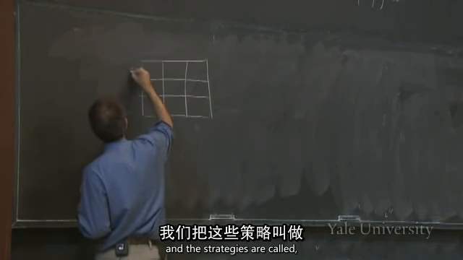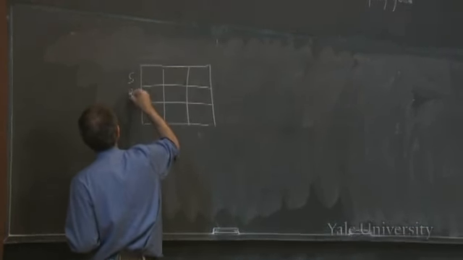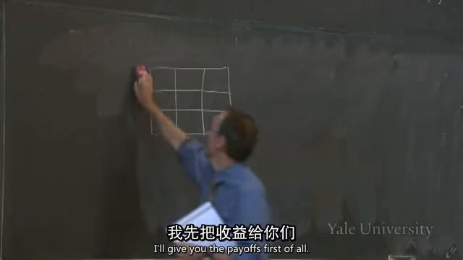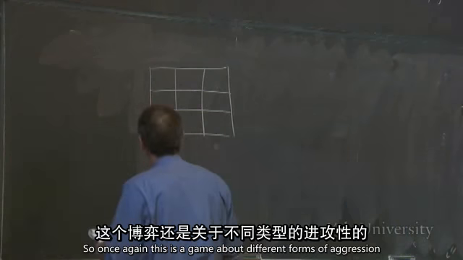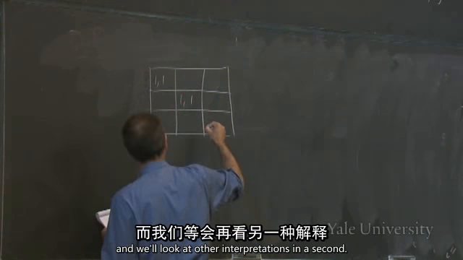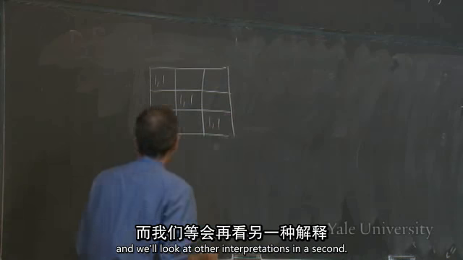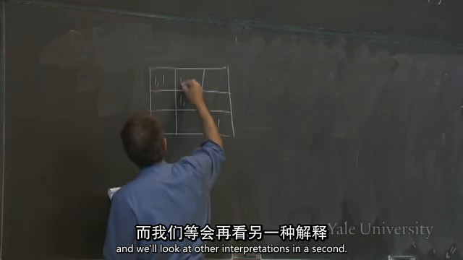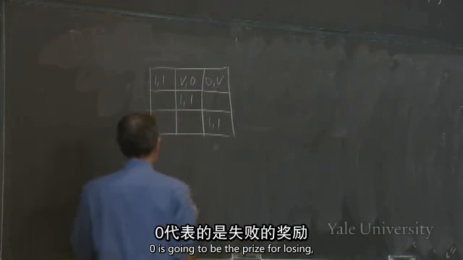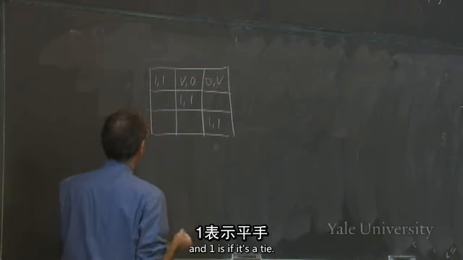And the strategies are called, well, I'll tell you what the strategies are called in a second, actually. I'll give you the payoffs first of all. So once again, this is a game about different forms of aggression, and we'll look at other interpretations in a second. And once again, V is going to be the prize for winning, 0 is going to be the prize for losing, and 1 is if it's a tie.